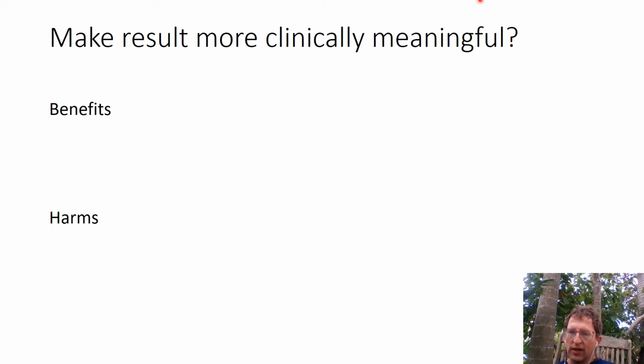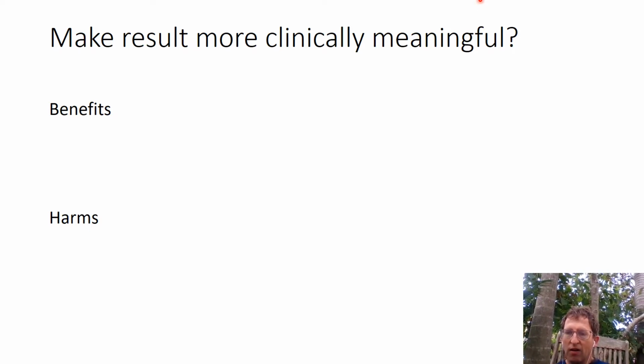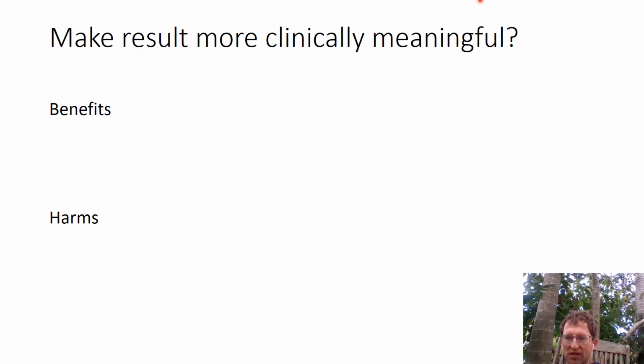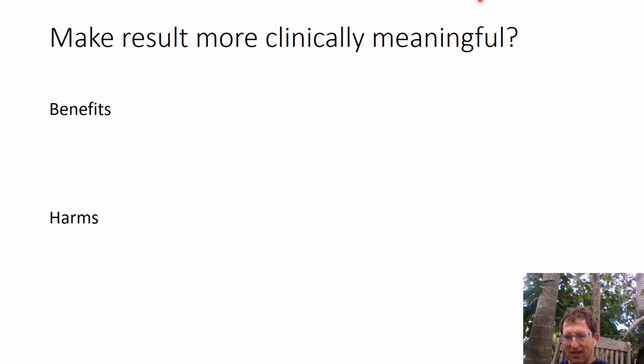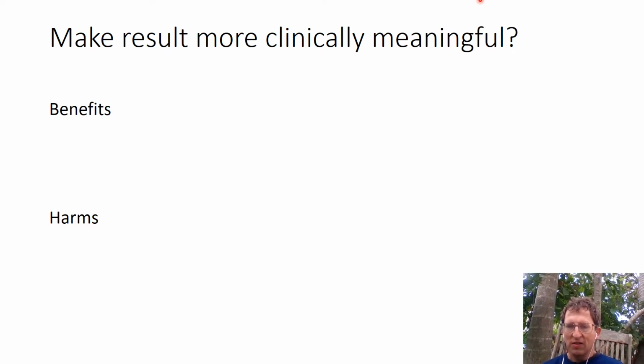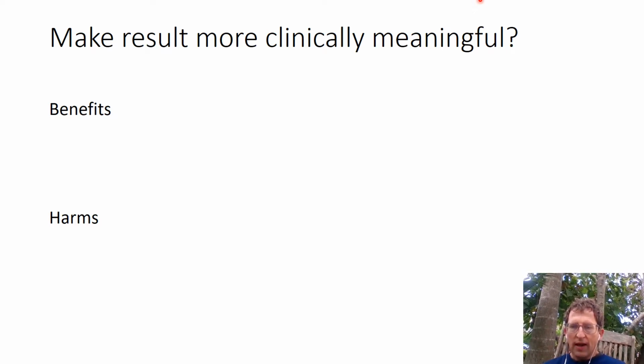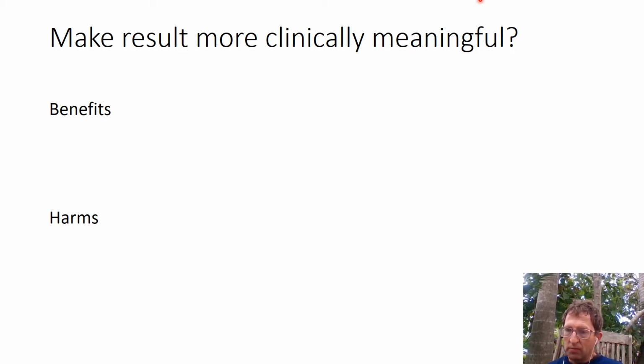And from these you can actually see how a real result affects the likelihood of a diagnosis in a real patient. So you're making things more meaningful, and then you would look at the harms of that diagnostic study, and then you balance the two.